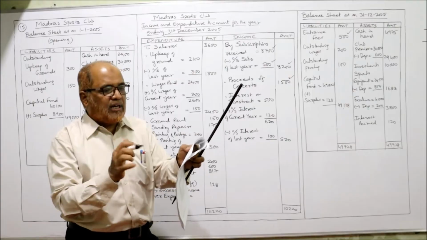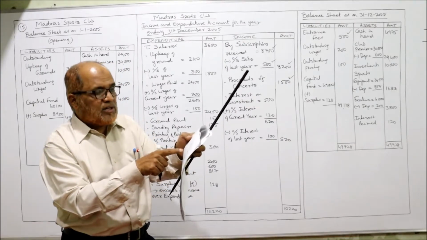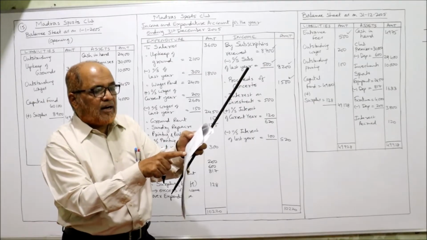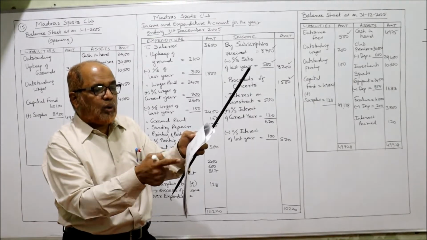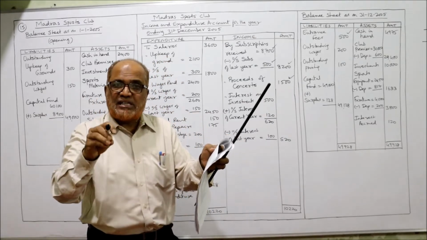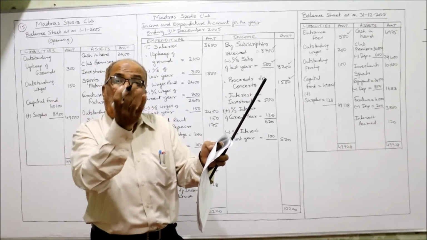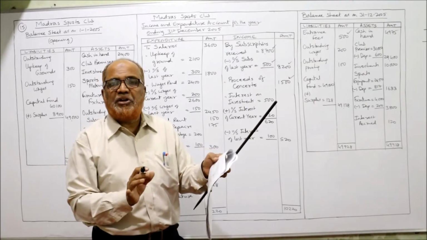Now interest on investment 500 is given. Of that 500, a B point is given. What is that B point? This item includes 100 in respect of interest accrued in the previous year. That means this 500 rupees interest on investment received includes interest accrued last year. So last year interest should be deducted.